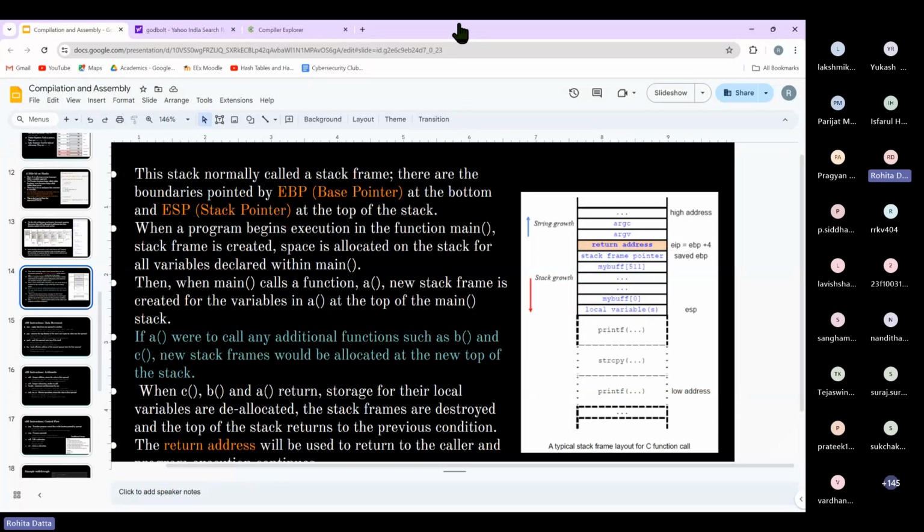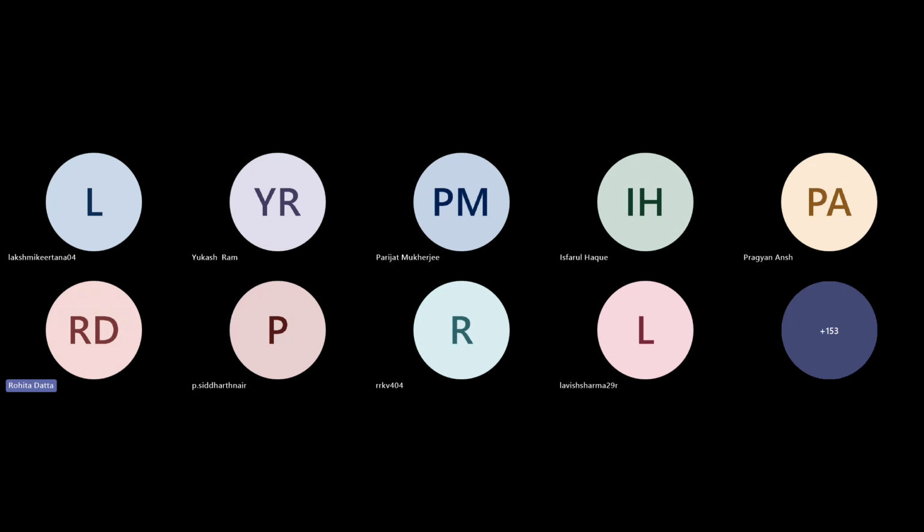To give you an example, one second, I'll start a whiteboard. Did you understand what I meant by that? Yeah, got it. So it basically is in the opposite direction. You give it the start of the string, and the string grows towards higher memory addresses. It's just that the instructions would be stored at the lower one and the values of the strings would be at the higher ones. No, it just means that you start storing the string from lower and it goes towards higher. I'll give you an example.